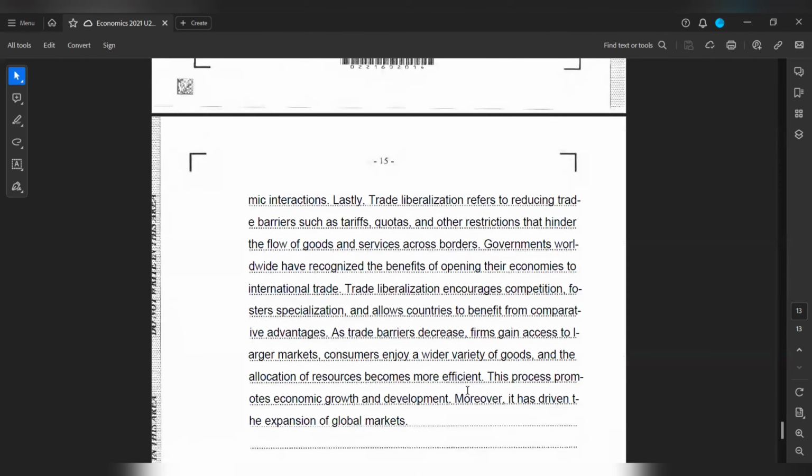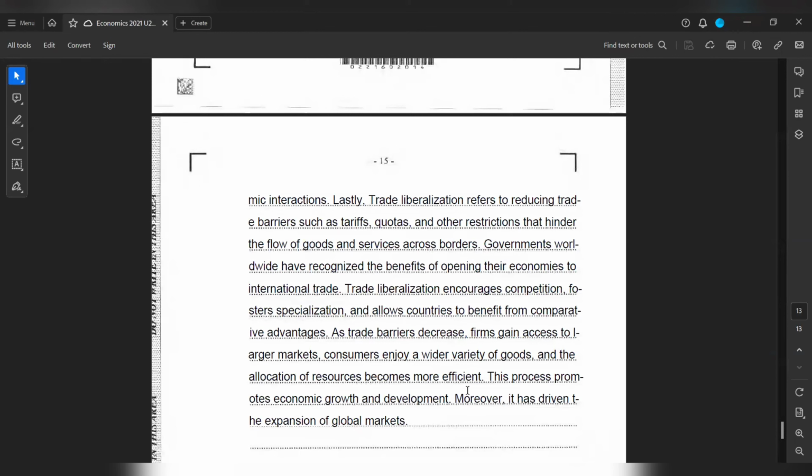Lastly, trade liberalization refers to reducing trade barriers such as tariffs, quotas, and other restrictions that hinder the flow of goods and services across borders. Governments worldwide have recognized the benefits of opening their economies to international trade. Trade liberalization encourages competition, fosters specialization, and allows countries to benefit from comparative advantages.